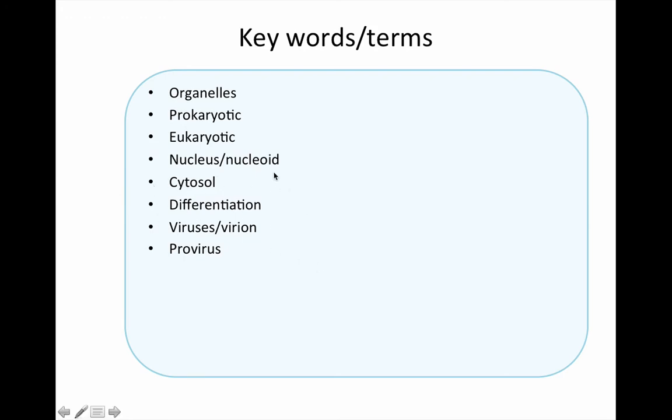Differentiation. This is how cells become specialized. We have viruses and virions, or viroids as well, which were naked RNA without any capsids. And then a provirus, and this is when the DNA of a virus integrates into the DNA of the host cell.